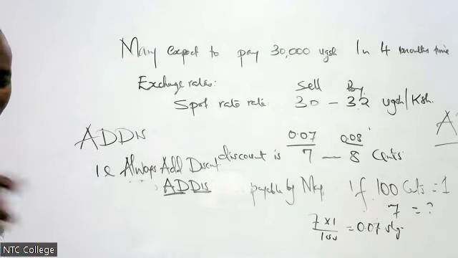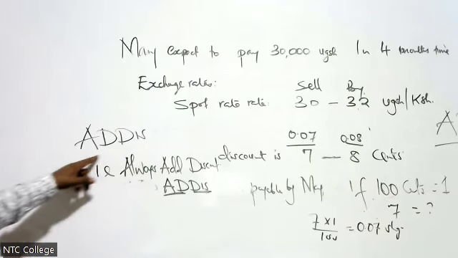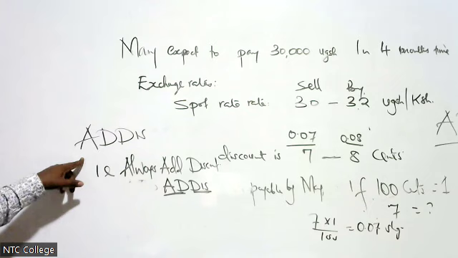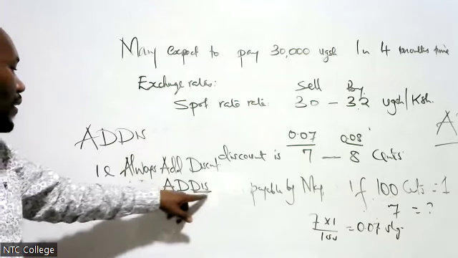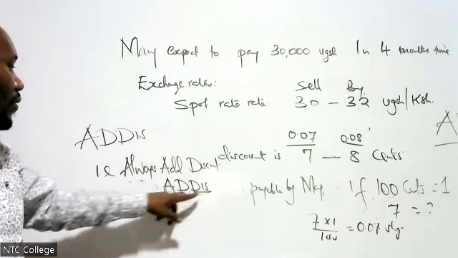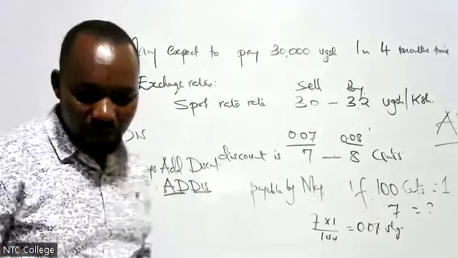Then write a note there now, Topista, and say, whenever you see discount, remember Addis. Addis means add discount. Whenever you see discount, always remember Addis.